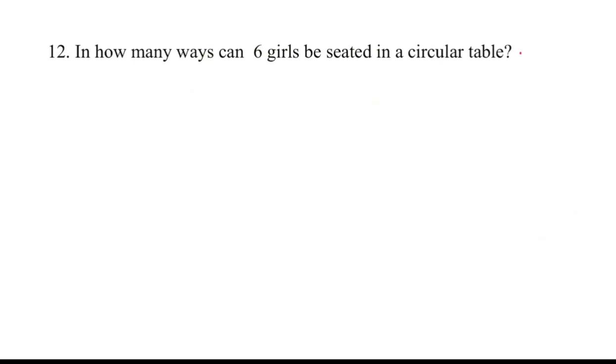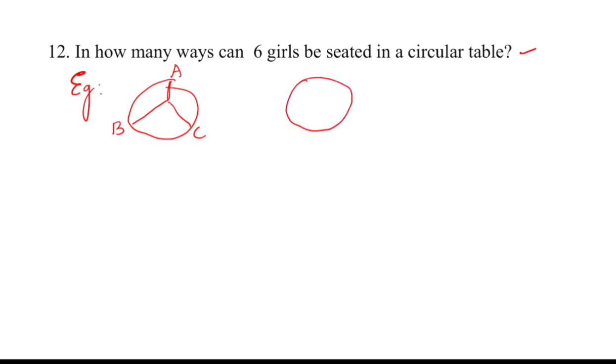So before we solve this problem, we will see one small example. What is that? Now see here. Let me take a circular table like this, and A is here, B is here and C is here. Okay. So how can we arrange these 3 people A, B, C in 3 different places?